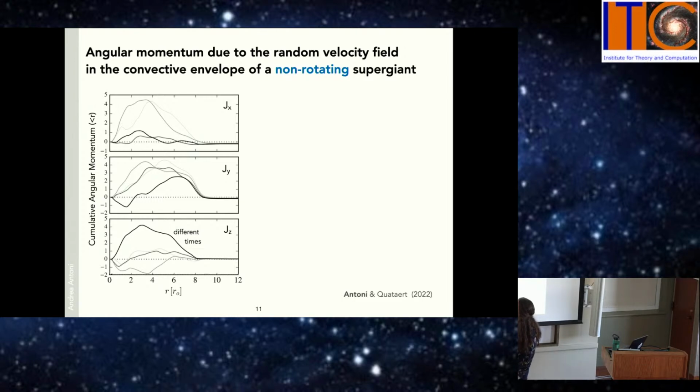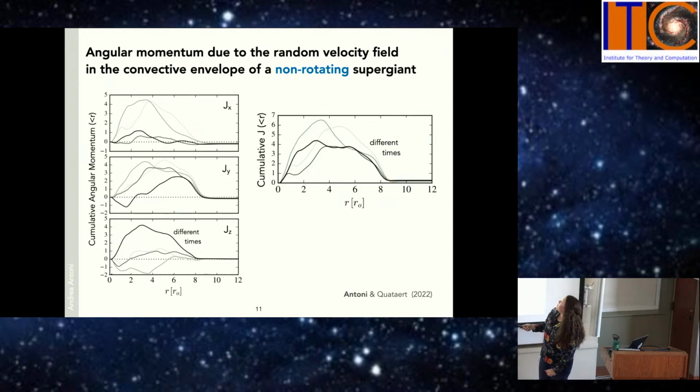So let's take this one, at the latest time that I'm plotting. As I'm integrating over shells on the inside, they all have negative j_y. But as I integrate over more and more shells, I start integrating over positive j_y, and eventually I get back to a zero total of that angular momentum component. These are the components, but I actually prefer to look at the magnitude.